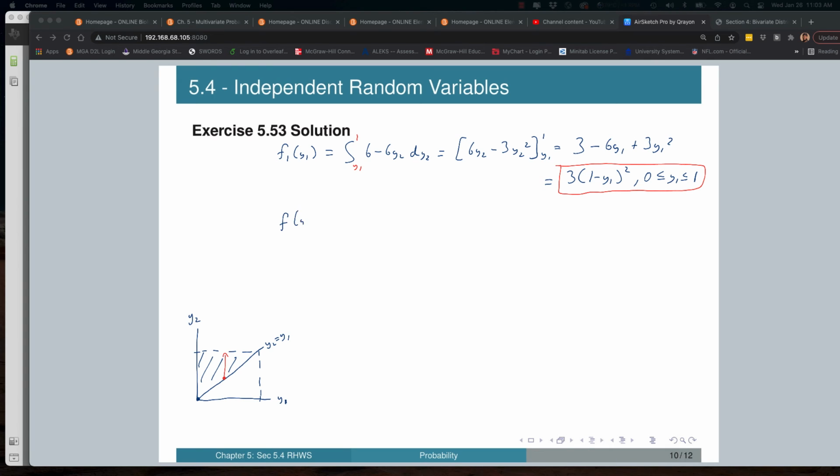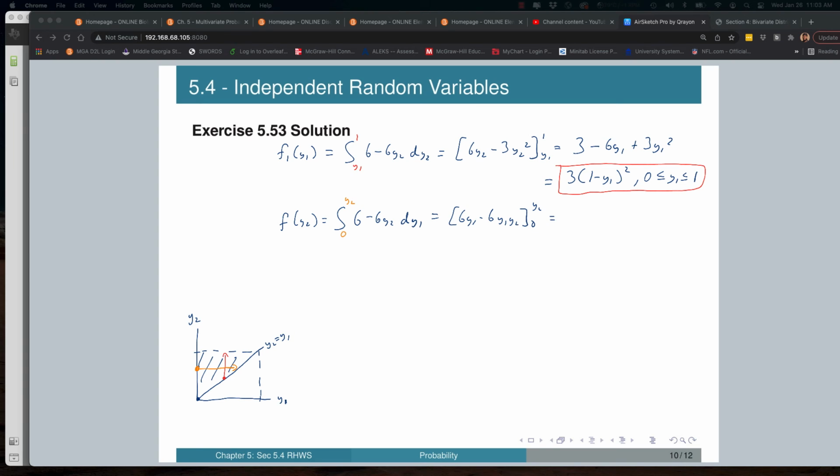Y sub 2 is going to be the integral of the same thing, 6 minus 6y sub 2, with respect to y sub 1. And this time we're going from 0 out to the line of y sub 2. All right, and that one's going to equal 6y sub 1 minus 6y sub 1 times y sub 2 from 0 to y sub 2.